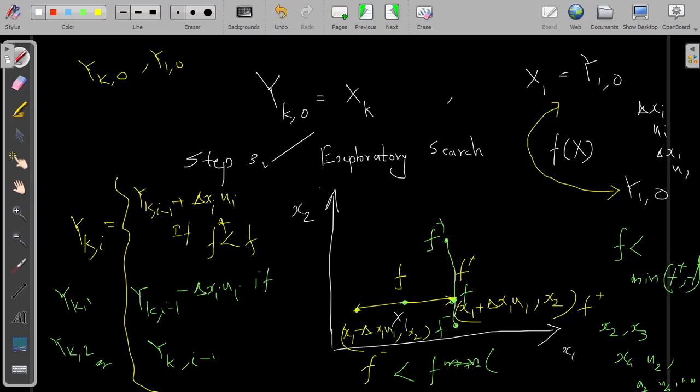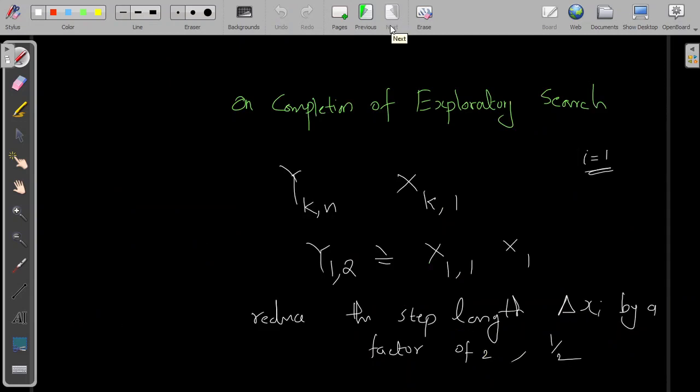So at the end of this step 3 we will get y k n, again a new value of y k n we will get. Okay, so that is step 4.